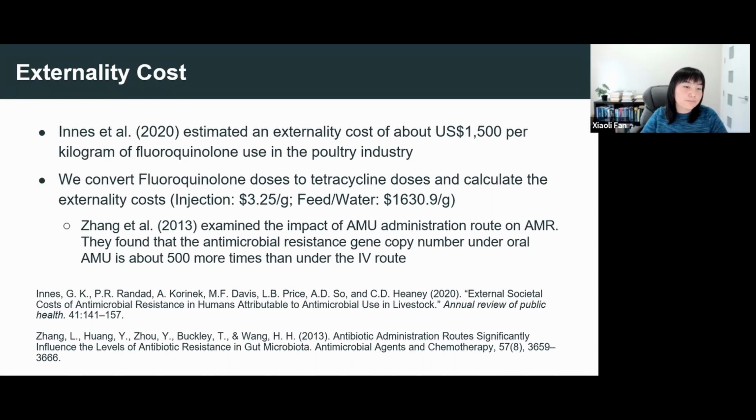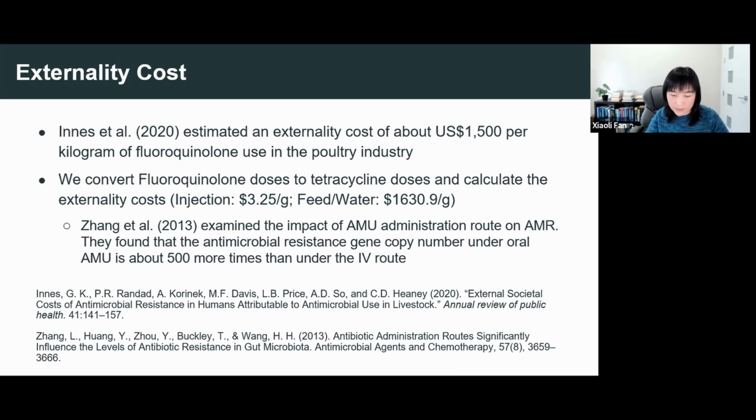We also try to use information from the literature, from Ennis et al. 2020, who calculated the externality cost of antimicrobial use in poultry to human society.